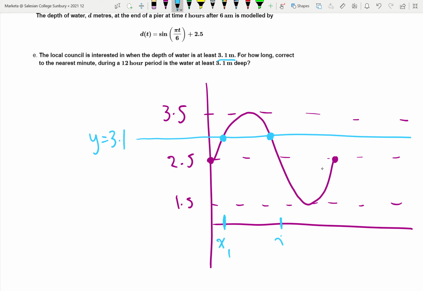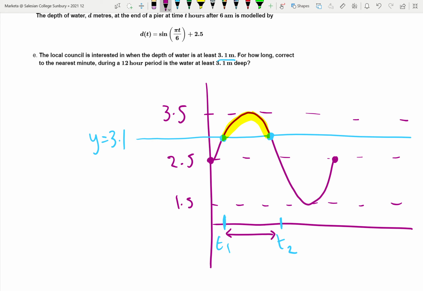So let's call that x1 and x2, or maybe t1 and t2 would be more clever. And the time for which our water depth is at least that is this, and it includes those blue circles. So I've coloured them in solid because it includes that. So we want to find how long it takes to get from t1 to t2.